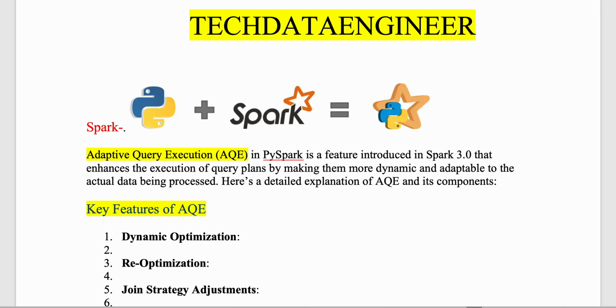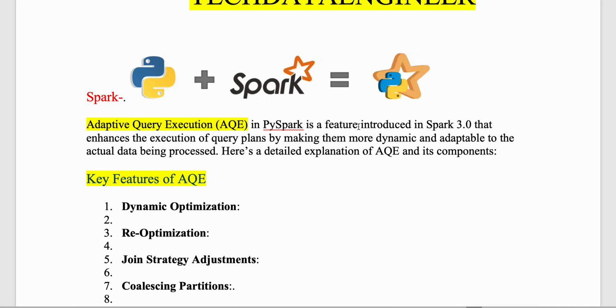Here we will see the key features of AQE. The first key feature is dynamic optimization. Adaptive query execution allows Spark to optimize query execution at runtime.